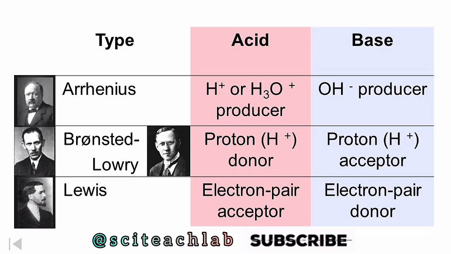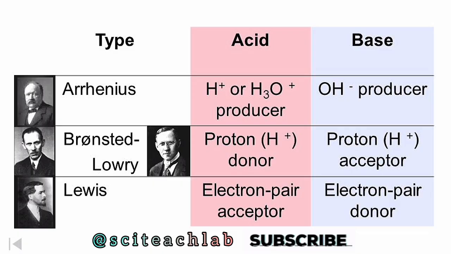But a base is a substance which combines with H plus ions to form water. Like copper oxide, CuO, plus 2H plus will form Cu2 plus and water. So water is formed. According to Arrhenius, that's the definition of acid and base.